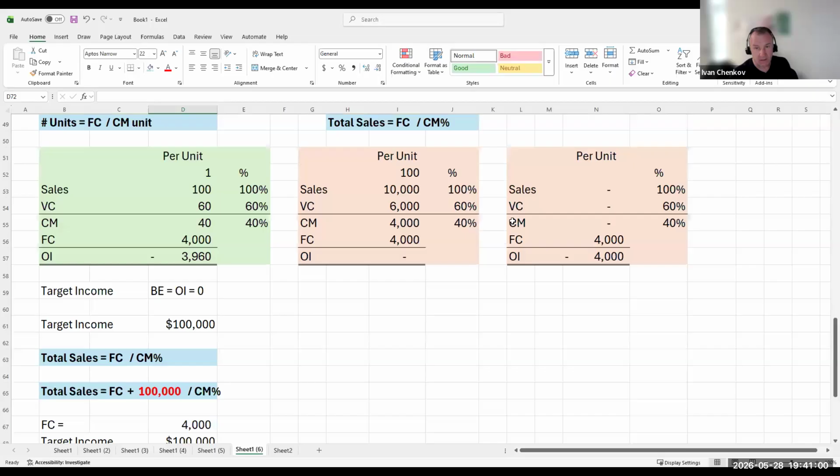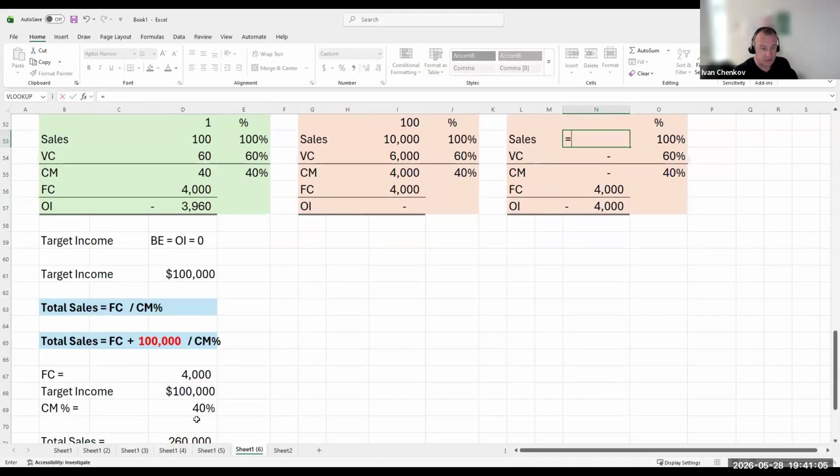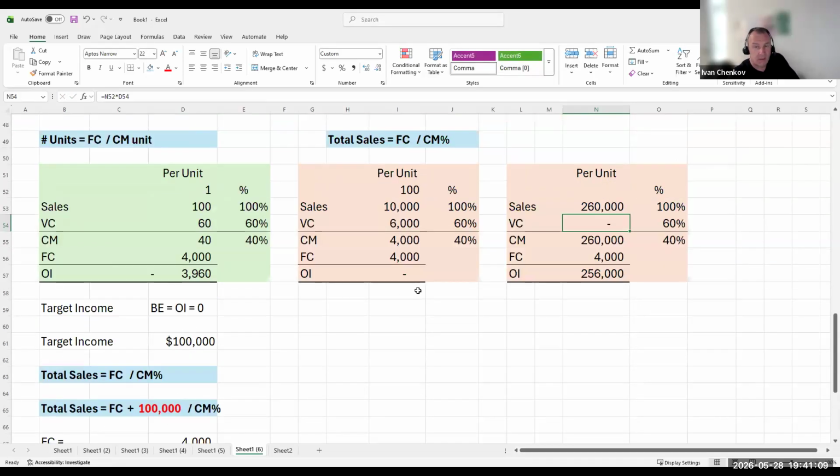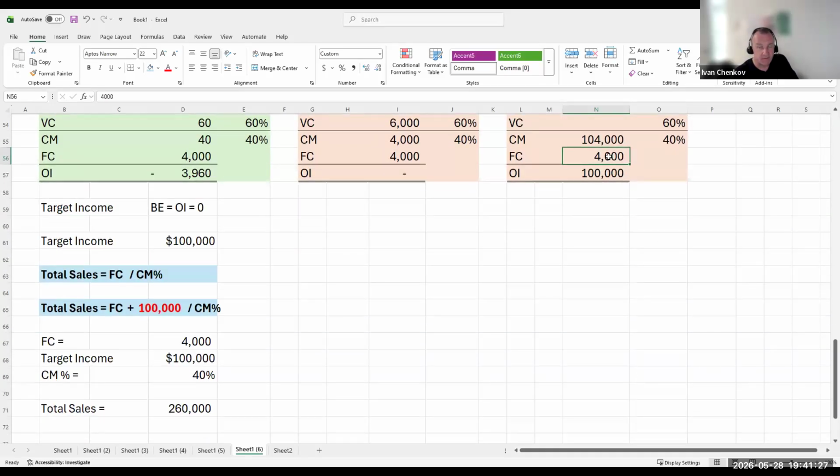If I generate sales of $260,000, where I know that my contribution margin is only 40% of those $260,000, so 260,000 times 40% is going to give me the contribution margin available. That will be enough to cover the fixed cost, which is $4,000, and give me the operating income which I want.